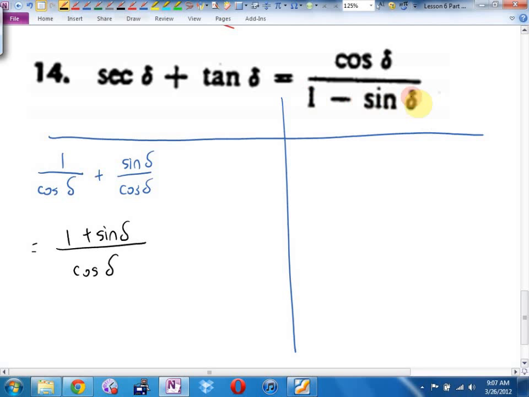Tyler, can you read that to me out loud? The bottom. Put it in brackets. The conjugate is 1 plus sine delta. Or if it had been 1 plus sine delta, the conjugate would be 1 minus sine delta. It's the same thing, but change the middle sign to a positive or the opposite.